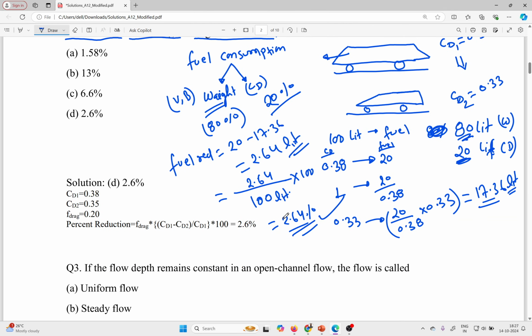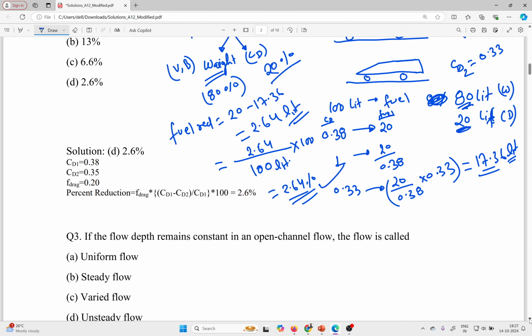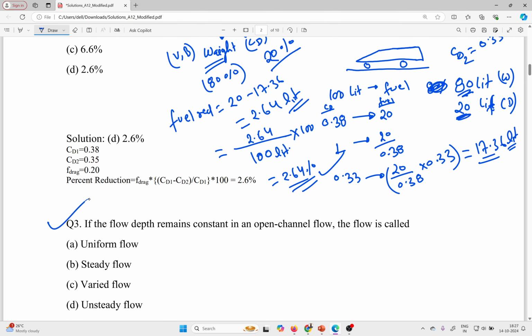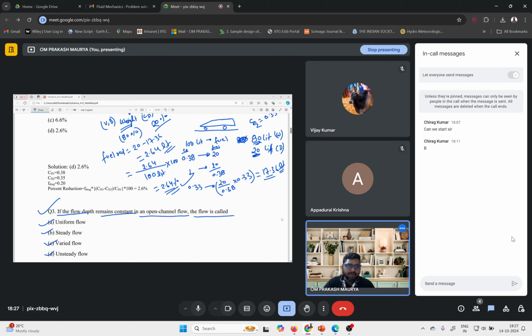Okay, next question is, if the flow depth remain constant in an open channel flow, the flow is called uniform flow, steady flow, varied flow, unsteady flow. So please try to give your comment in the chat box for question number 3.